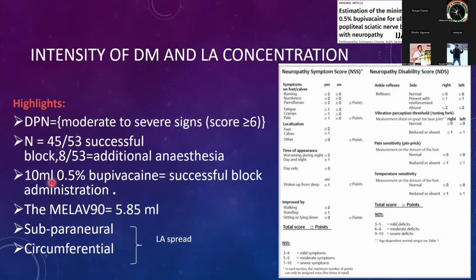They started with a drug volume of 10 ml of 0.5% bupivacaine, and by the end of the study they found that the minimum effective volume in 90% of patients was 5.85 ml.